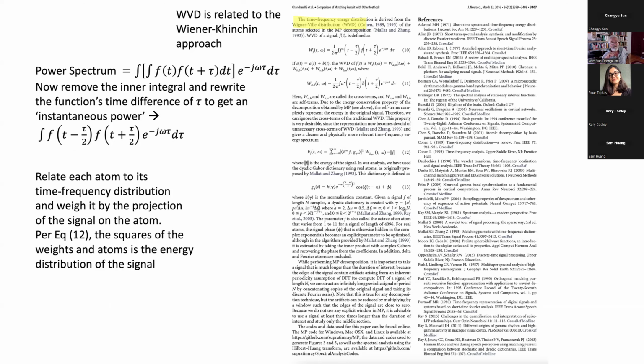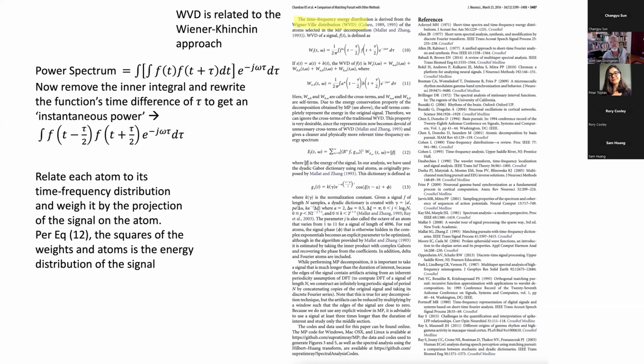And now what you can do is you can take your library of atoms that you have used to fit to your signal, and you can make a time frequency distribution for each of the atoms. You also have the weight, because we determined for each the projection of your signal on that atom. So you have the weight of that projection.